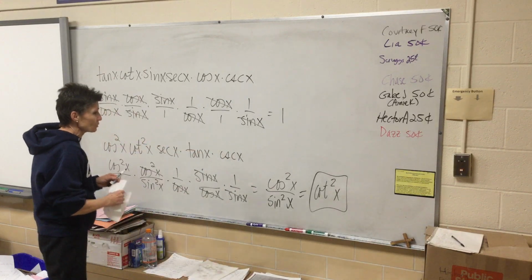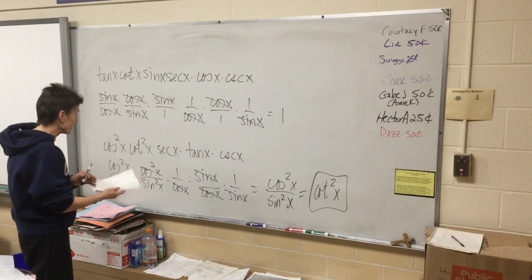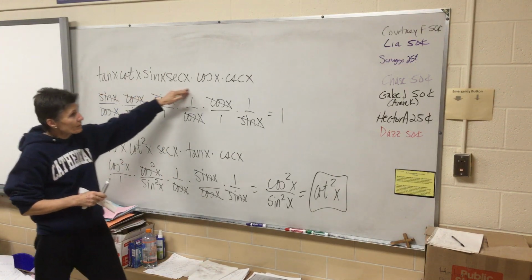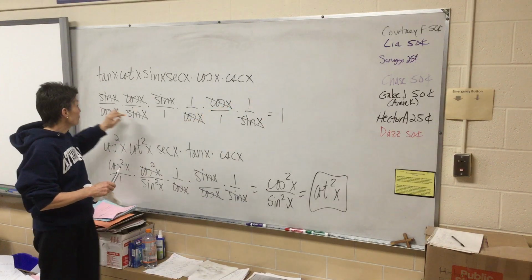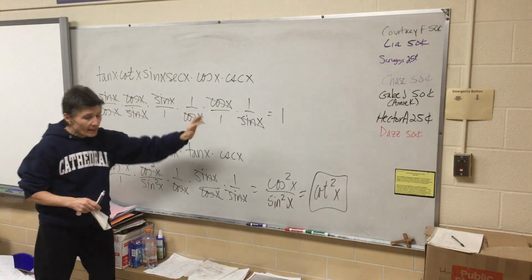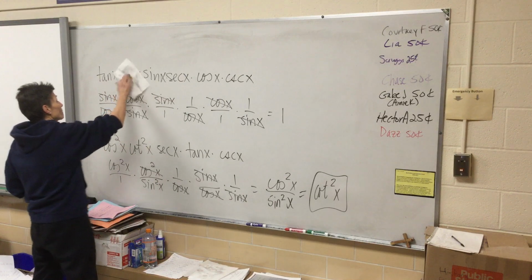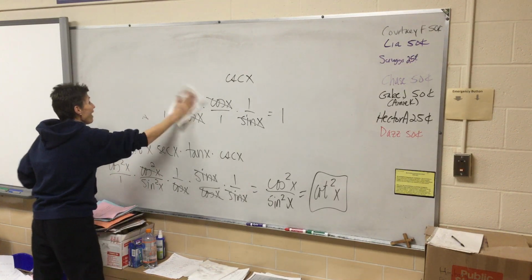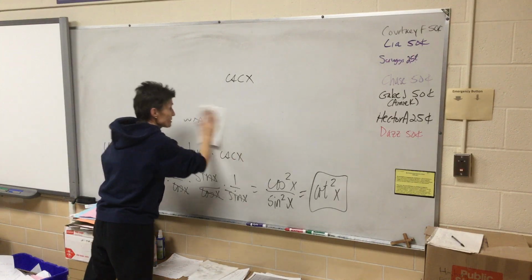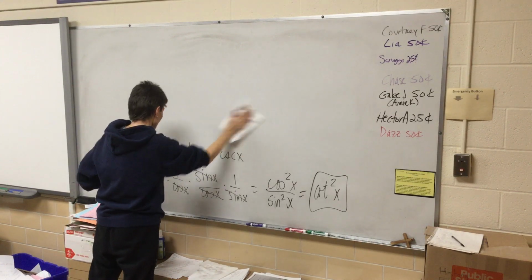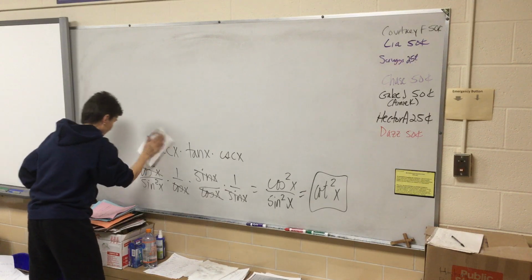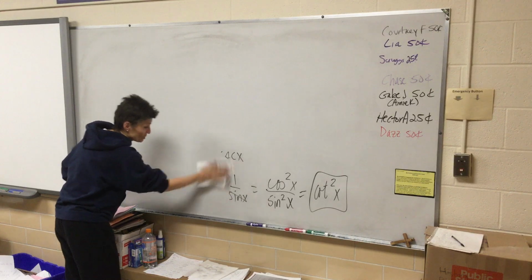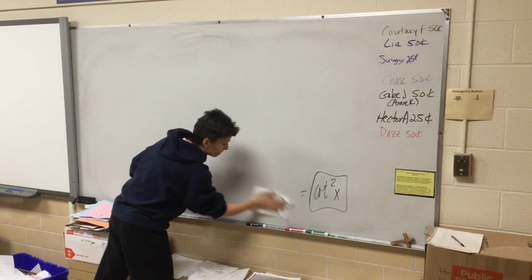So one of the quiz questions, you're going to have two on this quiz, and one of them will be like these, where it's just this long string of functions. You rewrite them and cancel. You will not have your colored sheet, so it is important that you are memorizing those. Hopefully you're getting close already just because of this practice we're doing.